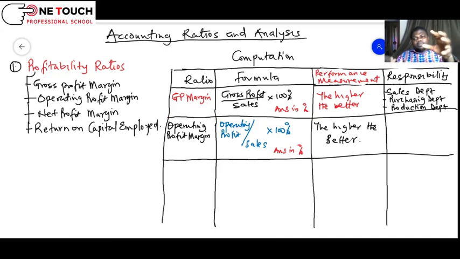This operating profit margin is used to measure the efficiency of management in terms of generating internal profit. So this one should be in the bosom of the operations manager.